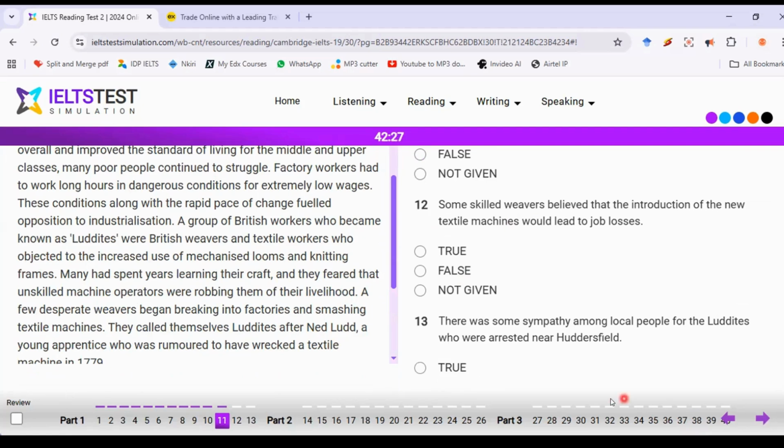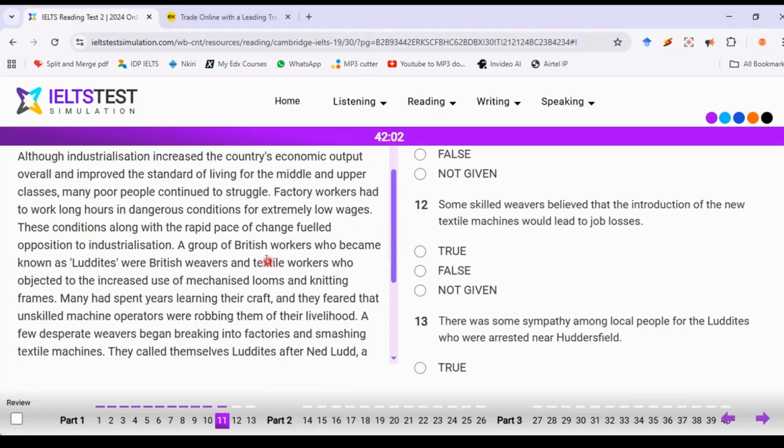Number 12. Some skilled weavers believe that the introduction of new textile machines would lead to job losses. So let's look at it. Skilled weavers.